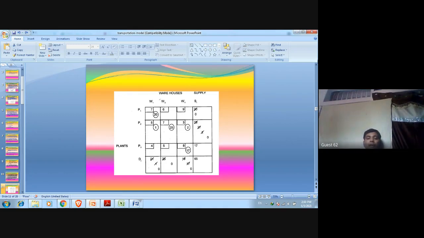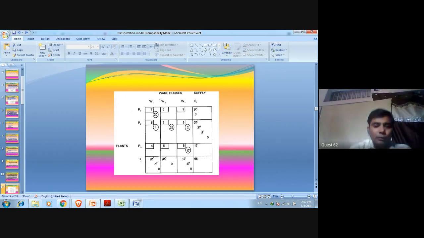The capacity of plant P2 was 27 units, and it supplies to all 3 warehouses. How much quantity? 1 unit to the warehouse W1, 25 units to the W2 warehouse, and 2 units to the W3 warehouse. And plant P3 supplies 17 units to the W3. Okay, so I think you have got all these allocations.